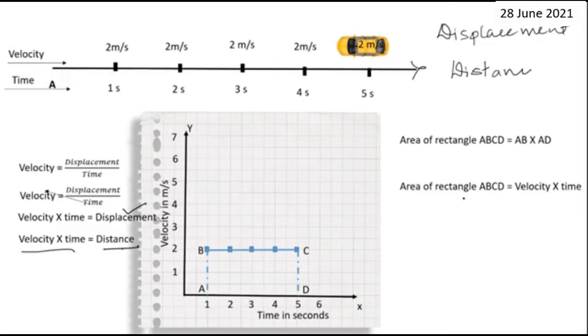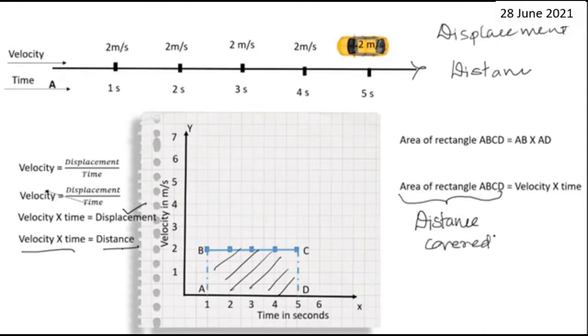Therefore, area of rectangle ABCD is nothing but distance covered, and distance covered is velocity into time.